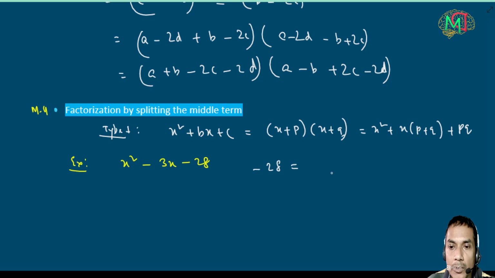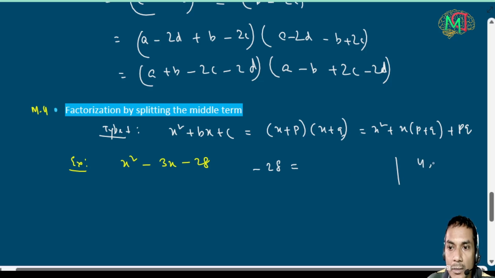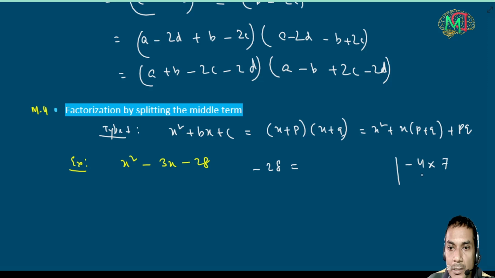There could be different combinations, but for example 4 into 7, and you can put the minus here. But what will happen if we add minus 4 plus 7? What value do we get? We get 3.